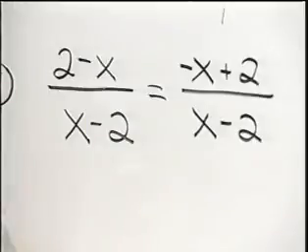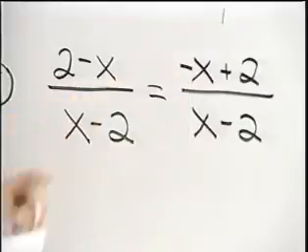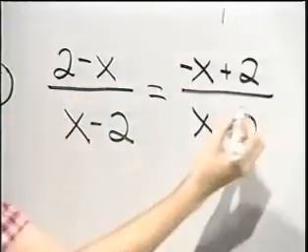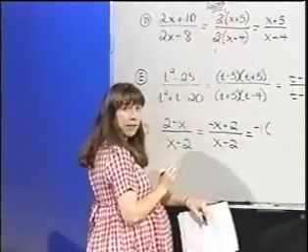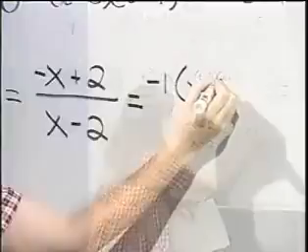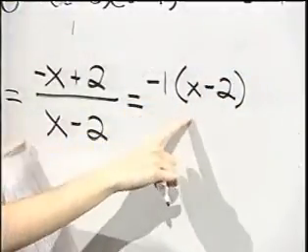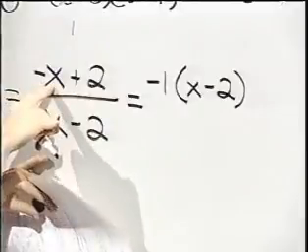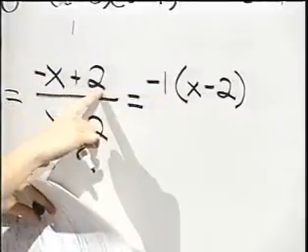Can you factor anything? Well, let's try to take a negative 1 out of the numerator. Let's factor out a negative 1. When you take a negative 1 out of the numerator, you get x minus 2. Let's double check. Negative 1 times x is negative x. Negative 1 times negative 2 is positive 2.